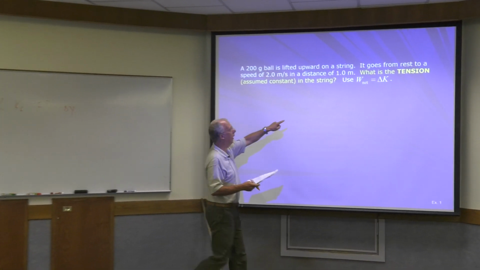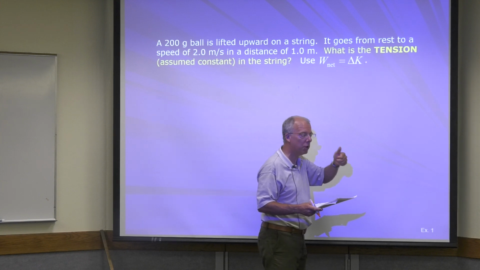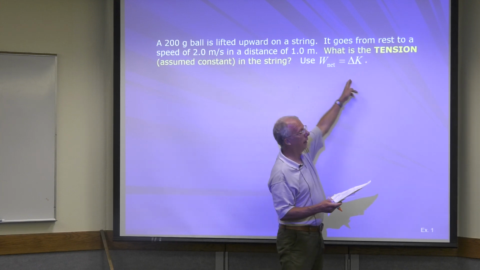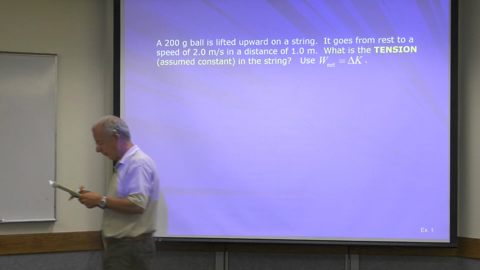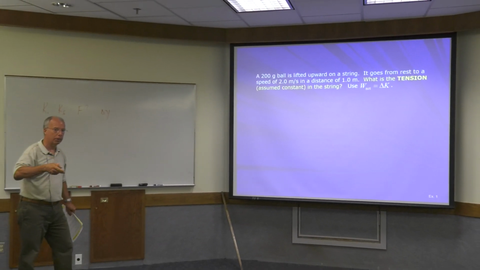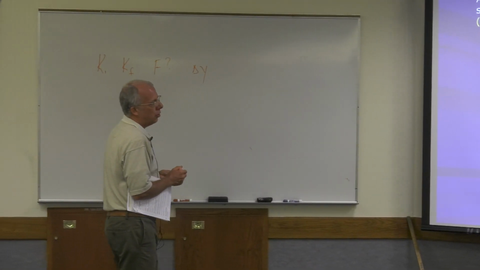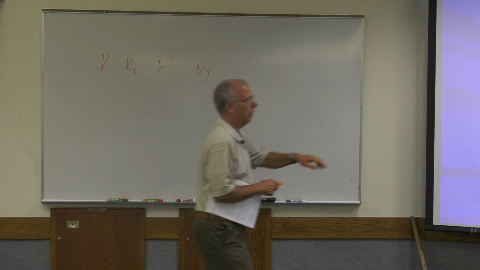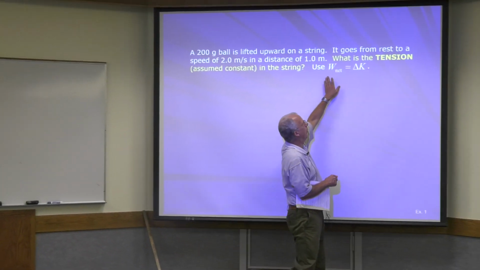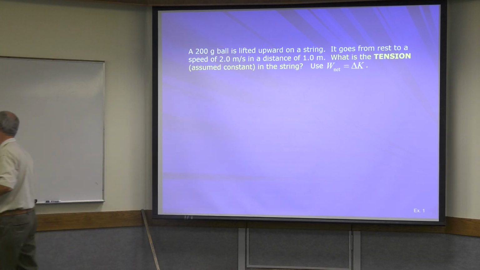Right there, because work is a force dotted with a displacement, and delta K is the change in kinetic energy. That's the thought process you want to go through. As soon as you see an initial K and a final K, bingo, you have the delta K. So I would try that first. It might not work, but that's where I would try it first.